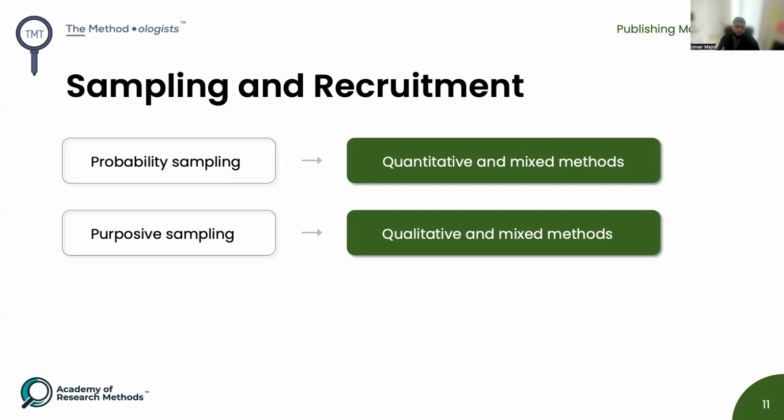This can be done very easily in most statistical software. So you are essentially measuring how representative that sample is of the broader population, right?